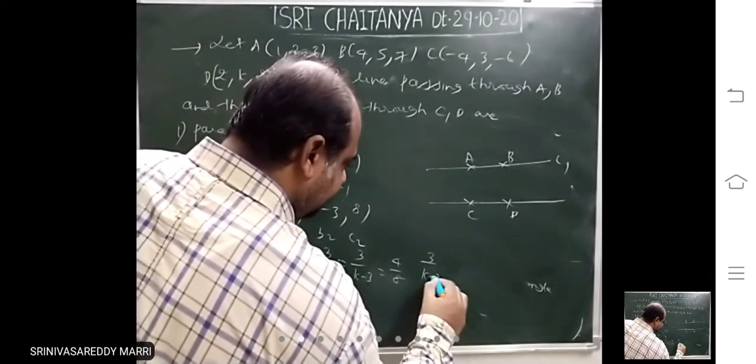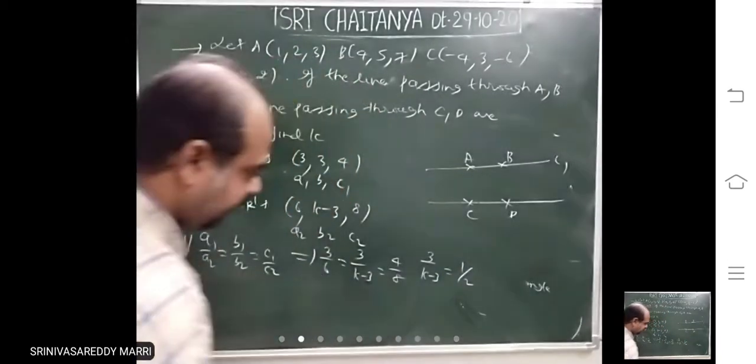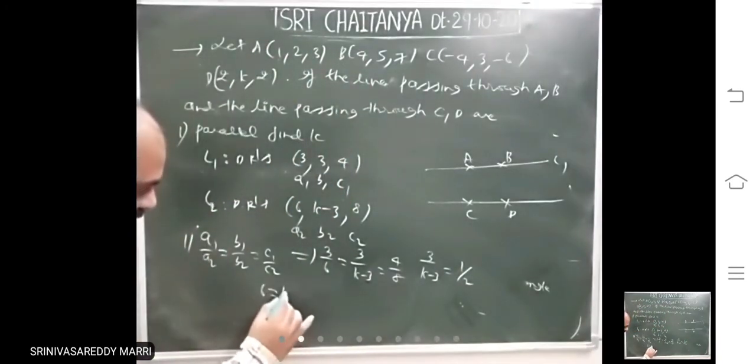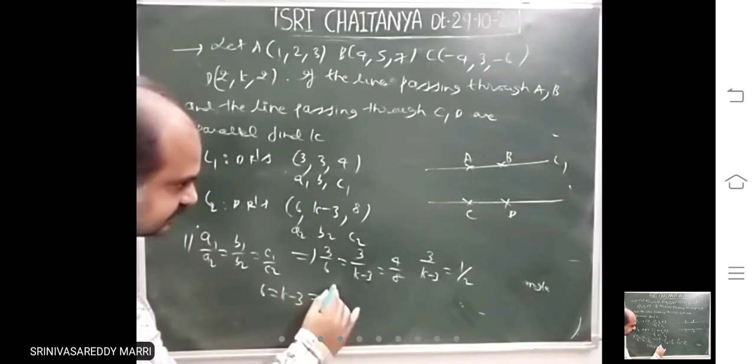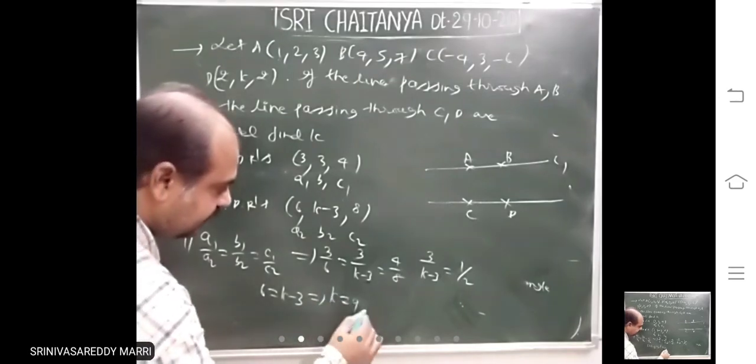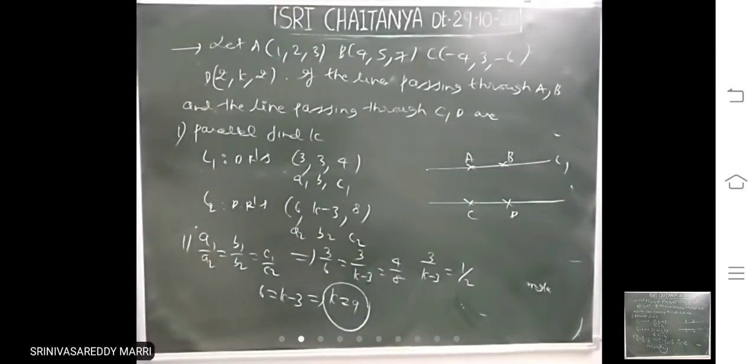So 3 by K minus 3 equals 1 by 2, so 6 equals K minus 3, K is 9. Like that, parallel condition: A1 by A2 equal to B1 by B2 equal to C1 by C2. In straight line it is slopes, in 3D geometry, DRs.